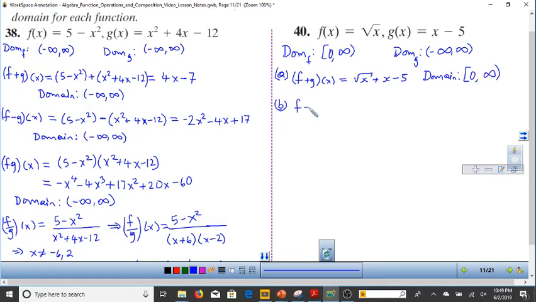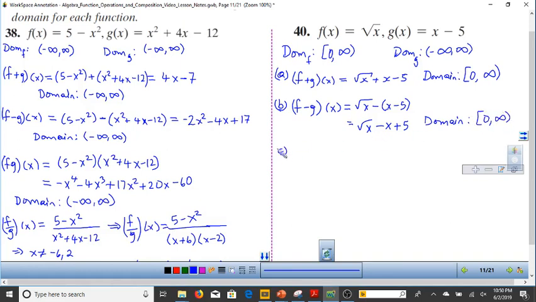Part B, f minus g of x is simply square root of x minus the quantity x minus 5, which means we get square root of x minus x plus 5. And that's that. And the domain is also where the two regions overlap, 0 to infinity.